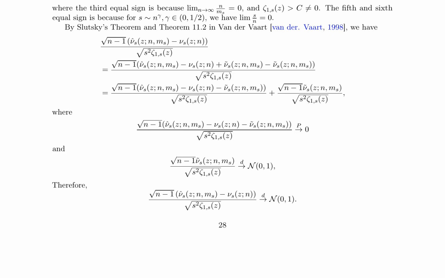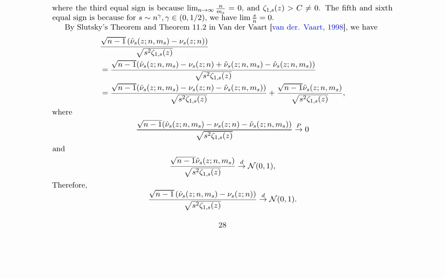Subsequently, the authors leverage Slutsky's theorem and Theorem 11.2 from van der Vaart, 1998, to establish the asymptotic normality of the centered and scaled estimator, ν_s(z, n, m_s). They achieved this by splitting the difference between the two estimators into two parts, one of which converges in probability to 0, and the other converges in distribution to a standard normal random variable.